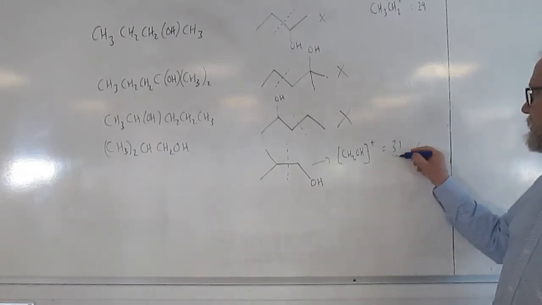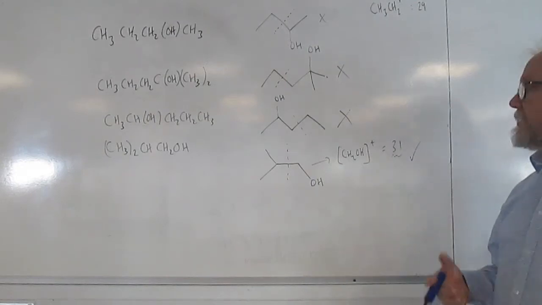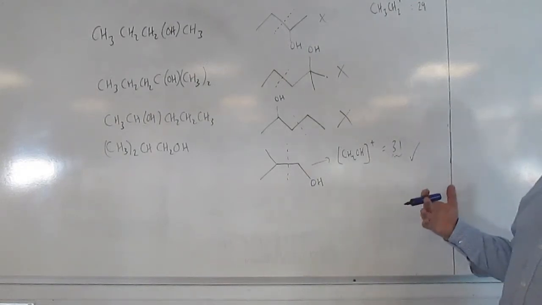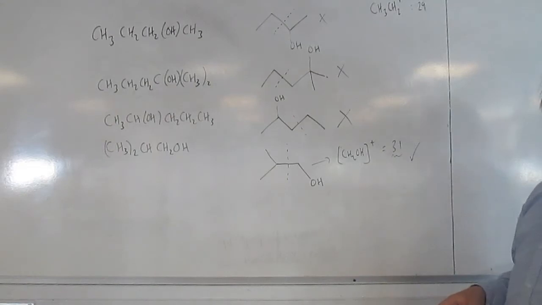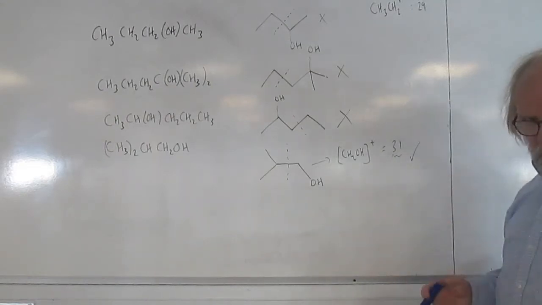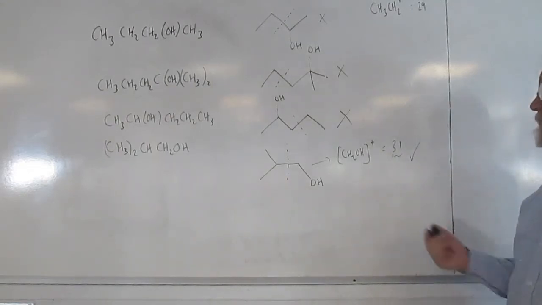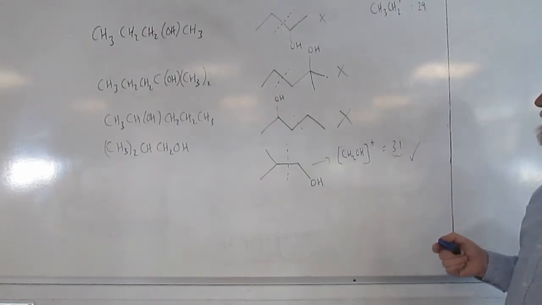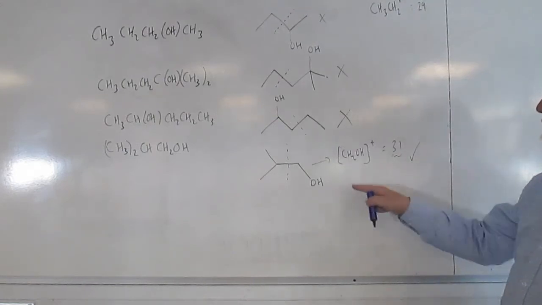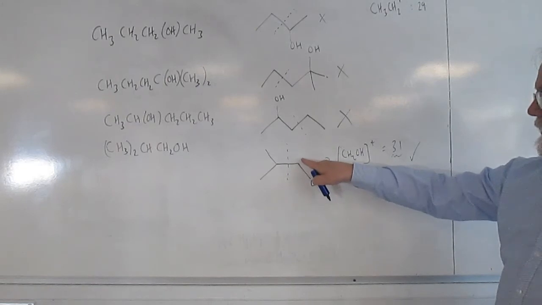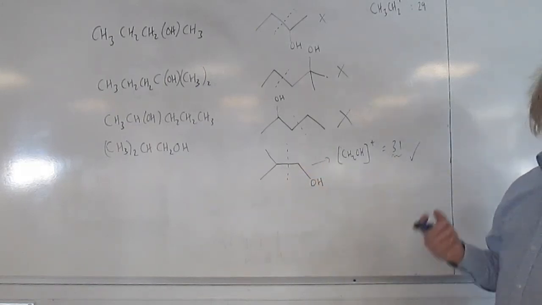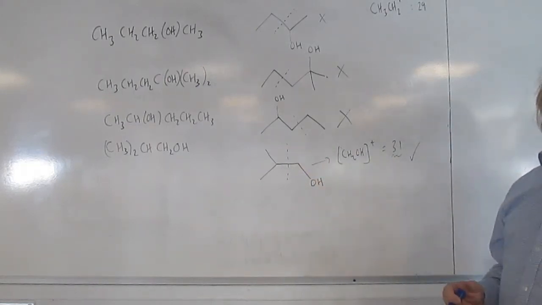So it's just worth doing lots of mass spec practice, so that come the exam you just recognise that and you think, oh yeah, that's probably going to be CH2OH plus. But in the end, as you can see, you can work it out systematically. So that's the only one where if you break it there, you can get a 31 fragment. So therefore, D was the correct answer.